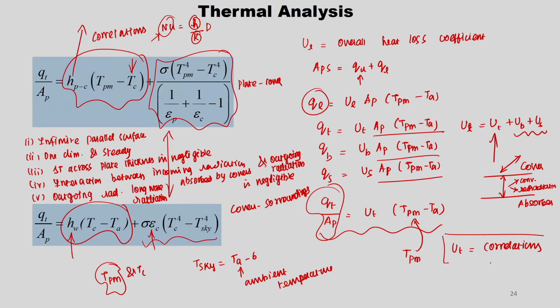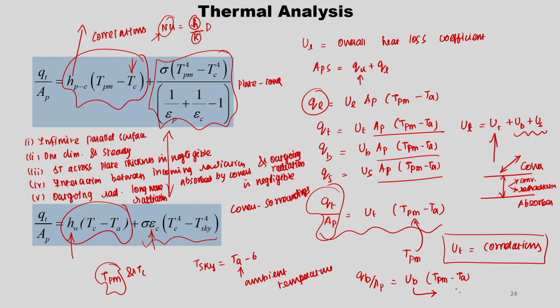Otherwise, one can directly use UT. UL, for example, if you write it in terms of B, QB upon AP, is nothing but UB into Tpm minus Ta.